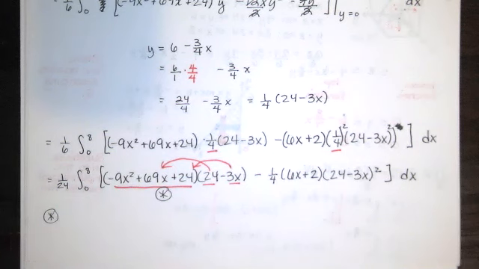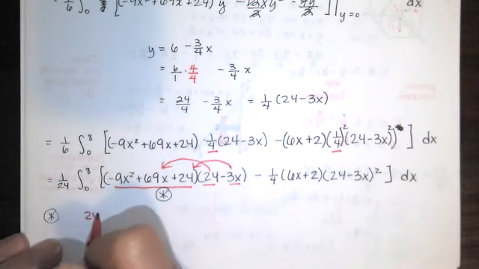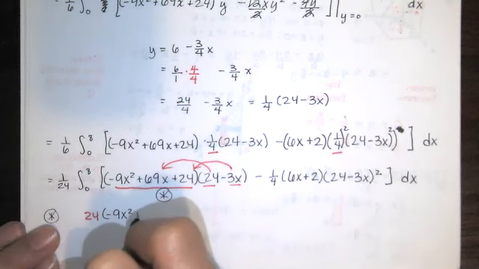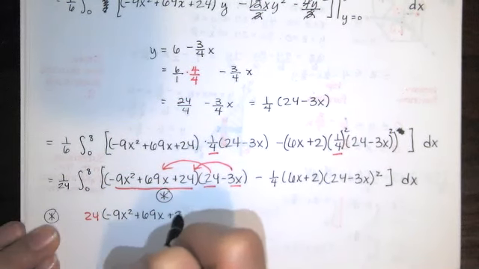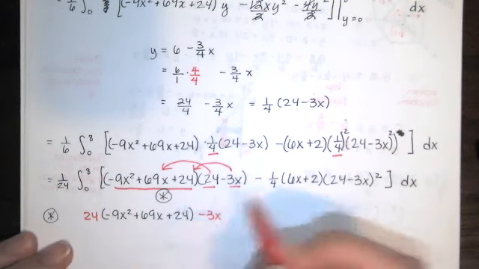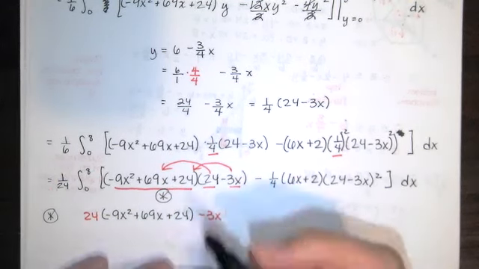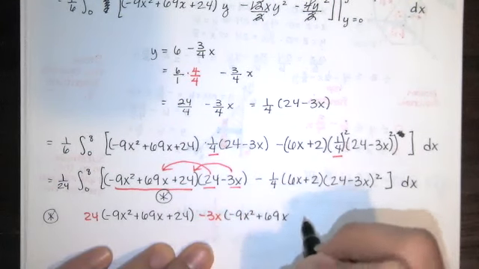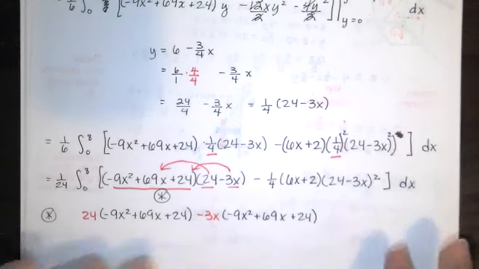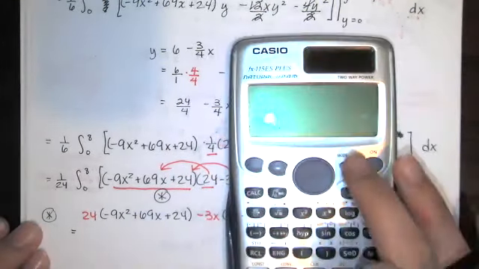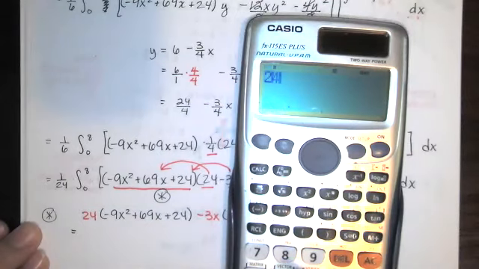I have 24 times negative 9x squared plus 69x plus 24, minus 3x times negative 9x squared plus 69x plus 24. And I'm going to use a calculator for the arithmetic just because I don't want to waste too much time.